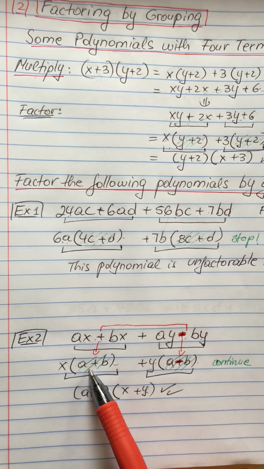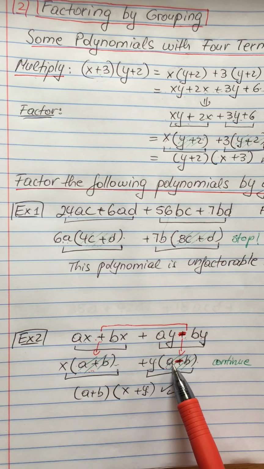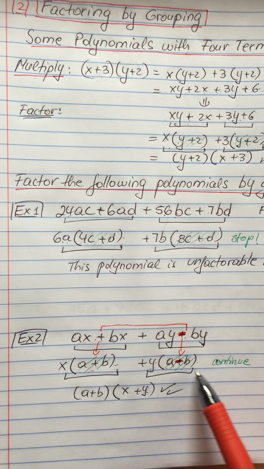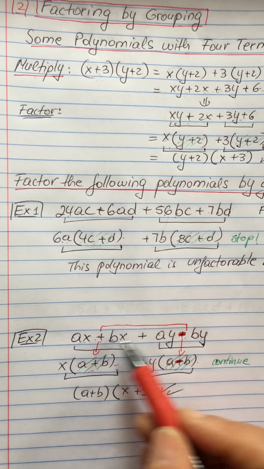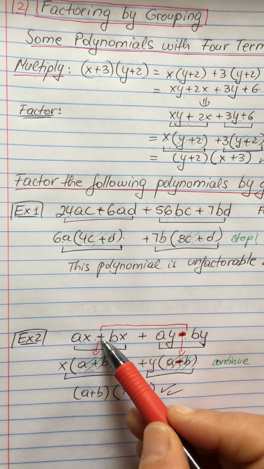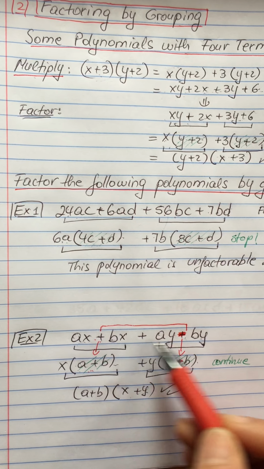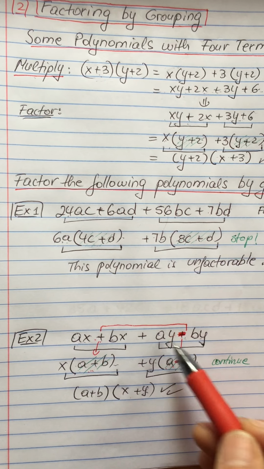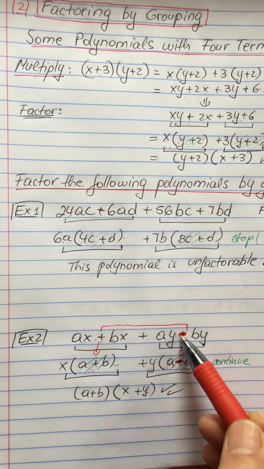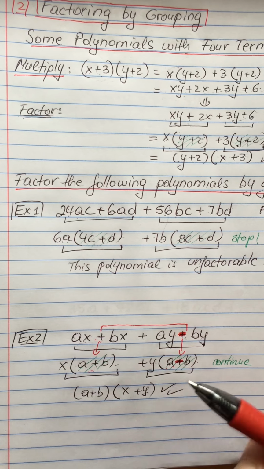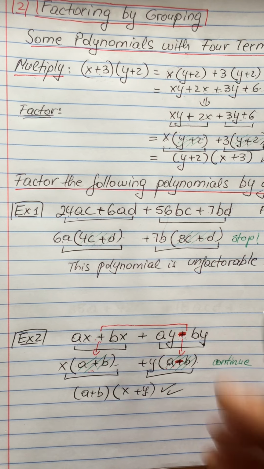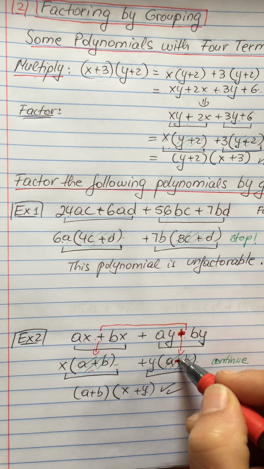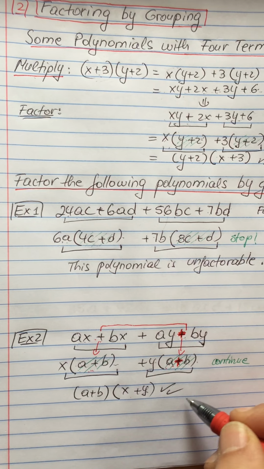These two are not the same. A plus b is different from a minus b. So we can stop and we say that this is unfactorable. So, in other words, we have to check the signs that separate terms in the group. And if they are not the same, we ask ourselves, can we make them the same? Okay, now let's see this in the example. Let's fix this because they were plus. Okay.